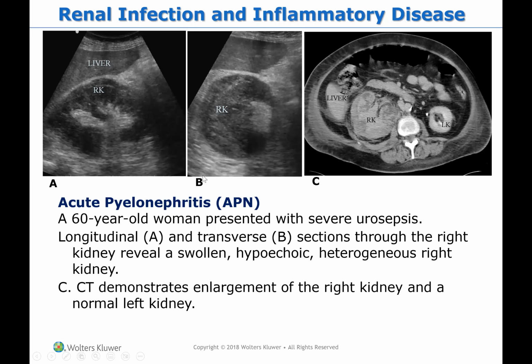Here's a picture of it. This is the right kidney, and you can tell it has indistinct borders. It just doesn't look clear. It looks kind of nasty. This is a swollen, hypoechoic, heterogeneous right kidney. That's probably what mine would have looked like when I was in the ICU and really sick.